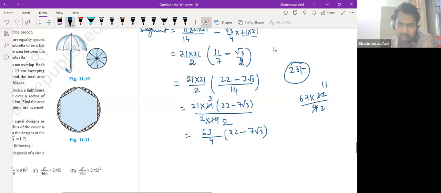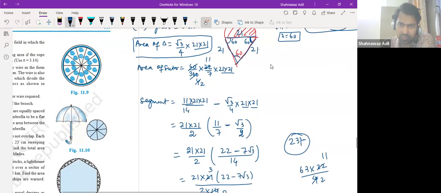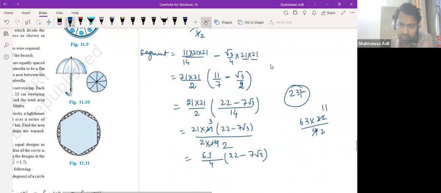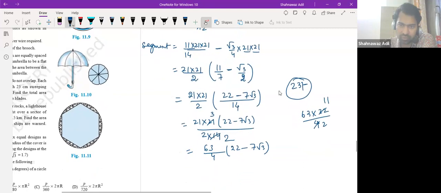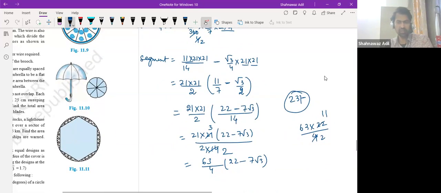So there is some mistake. Sir, in my book, the answer is 44.1. Yes, in your book. In the NCERT book, it is written like this.